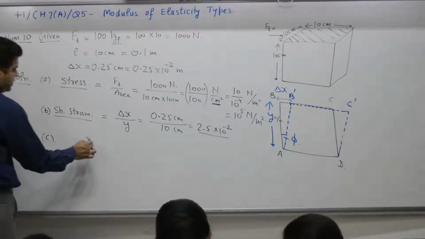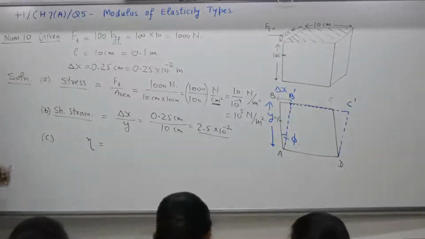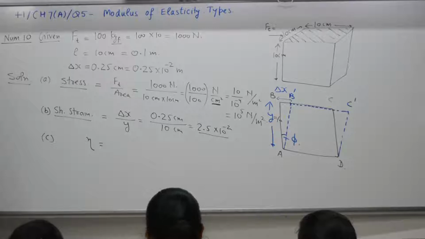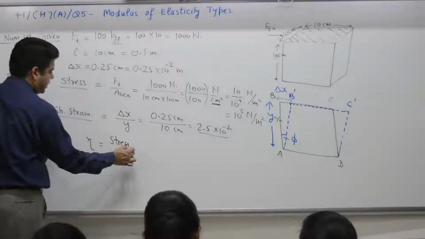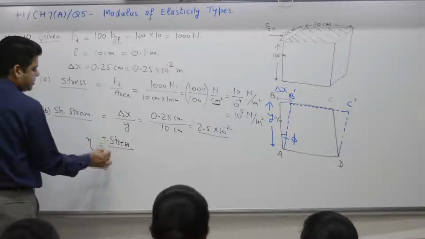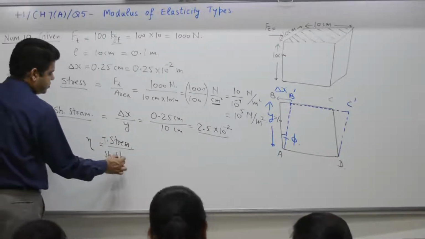Third part, modulus. Modulus of rigidity eta is equal to stress, the answer for part A, tangential stress, divided by shearing strain.